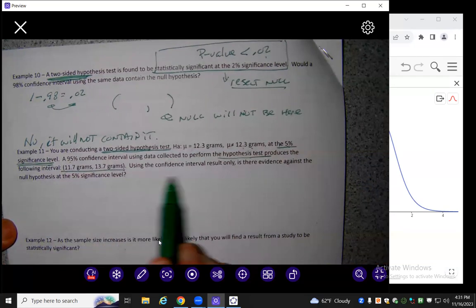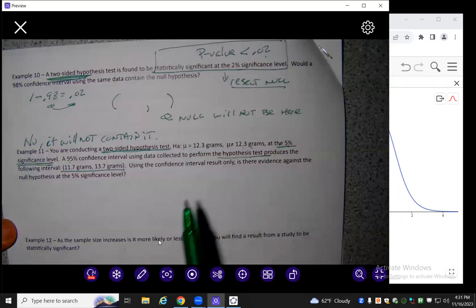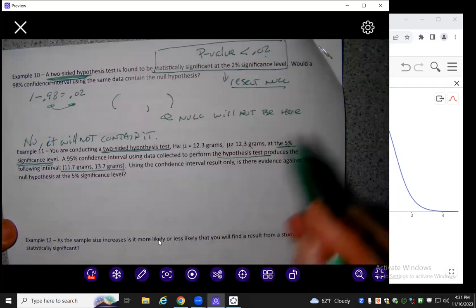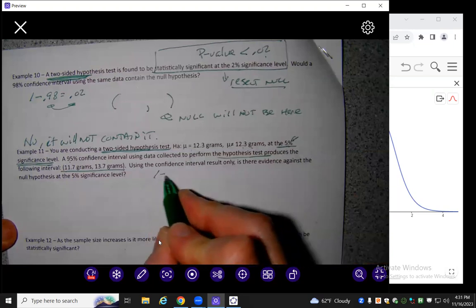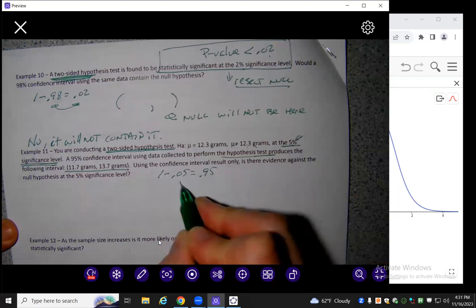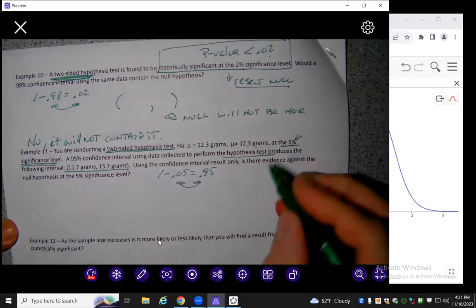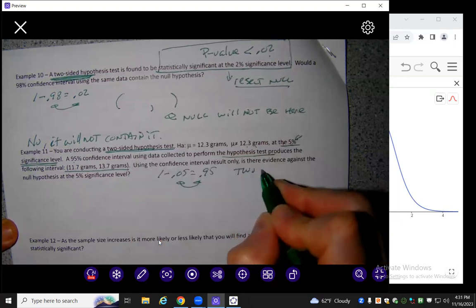Using the confidence interval result only, is there evidence against the null hypothesis at the 5% significance level? Again, 1 minus 0.05 is equal to 0.95. These two are compatible.